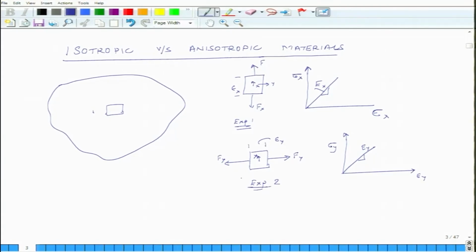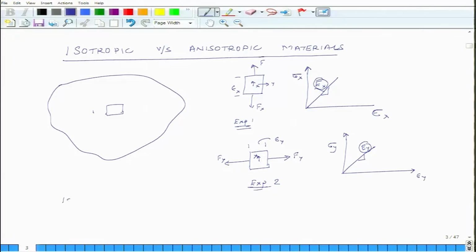If the material is isotropic, then these material properties Ex, Ey will not change with respect to the axis of the orientation of the experiment, they will not change. So, for isotropy, material properties do not change with respect to direction.